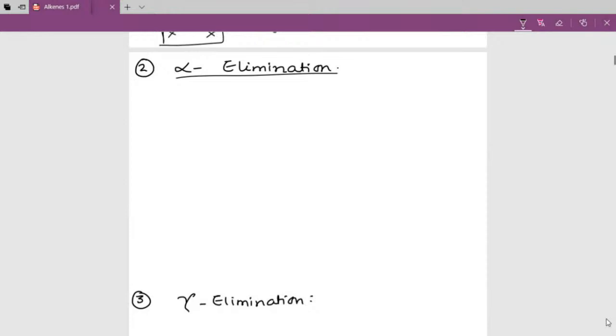Alpha elimination is the term we use. I could say 1-1 elimination. What is that 1-1 elimination? When the two groups which I'm eliminating are present on the same carbon, then it is known as alpha elimination.